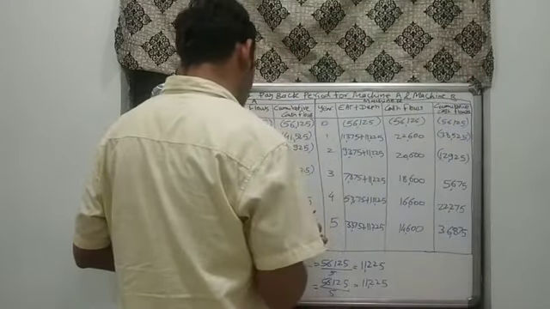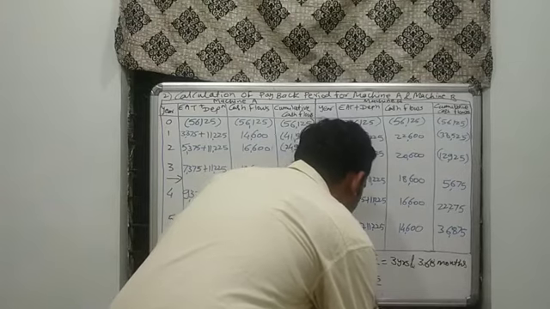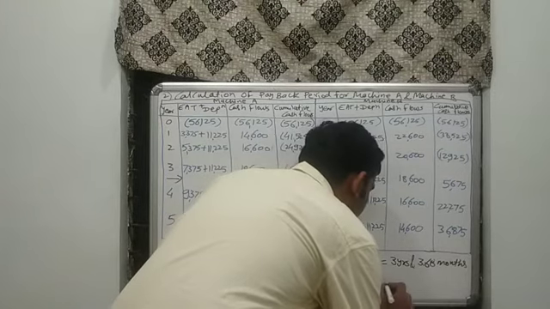Now we will calculate for machine B. Payback period for machine B is equal to 2 years and, as in the third year we are having positive cash inflow, 2 years and 12 months multiplied by 12,925 divided by the next cash inflow of 18,600.